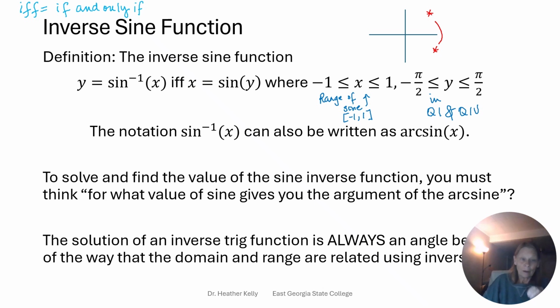Okay? Now, this notation is kind of weird. It's sine to the -1 of x, and it is that inverse notation. It does not mean, let's make sure that you're very, very clear, sine inverse of x is not equal to 1 over sine of x, right?